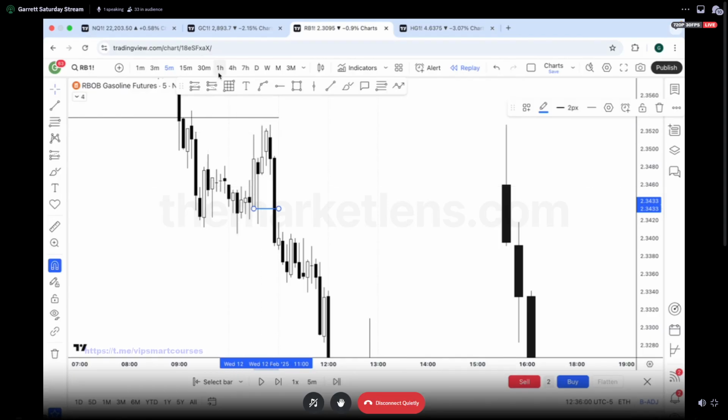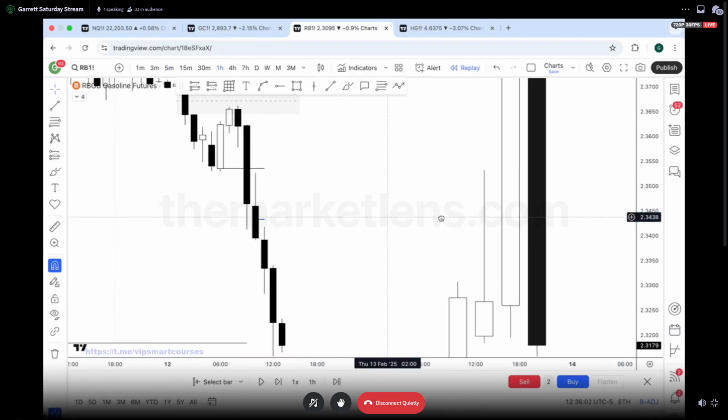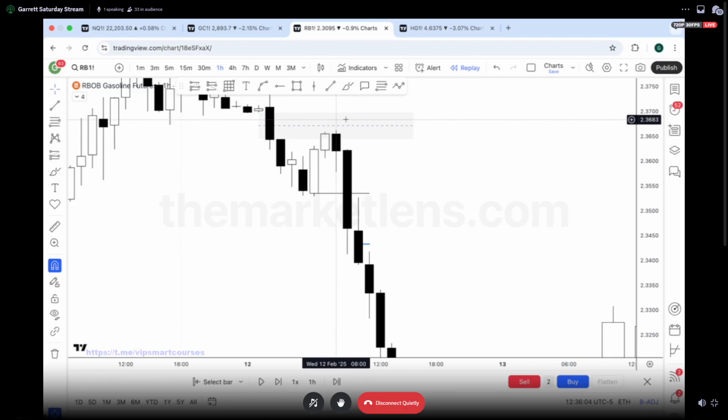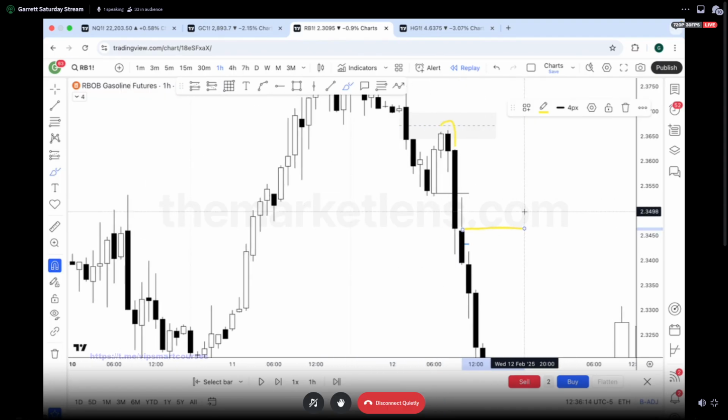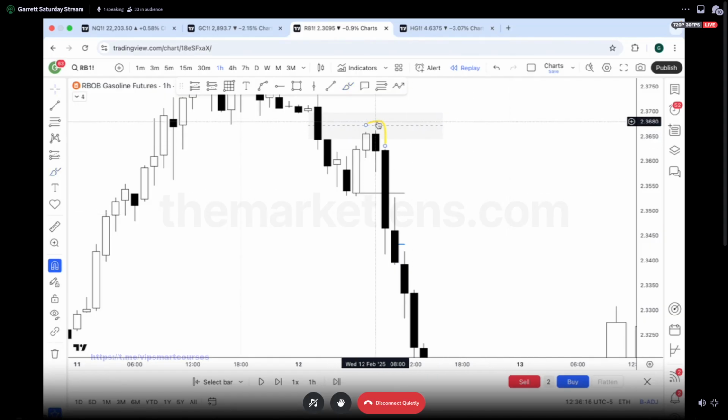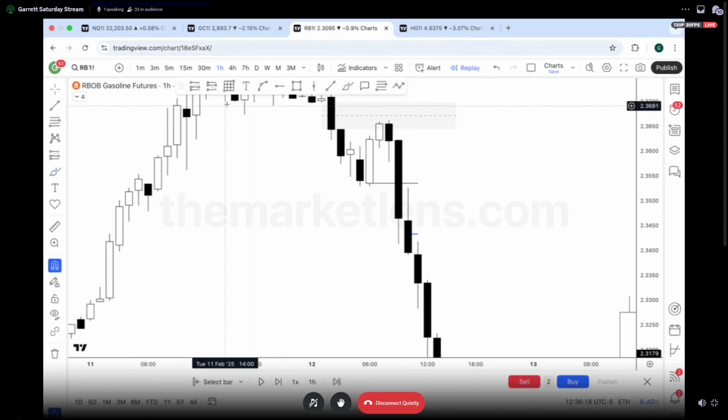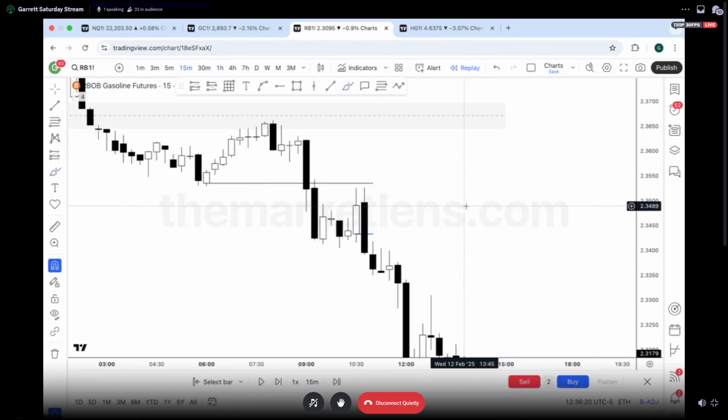Yep. So if you look here, we're opening up within a, what do we call it, a tractor model. We have candle one, candle two, candle one, candle two, candle three, and we're opening up within a candle four, right? And when we're in distribution, we expect opposing candles to support price, right?